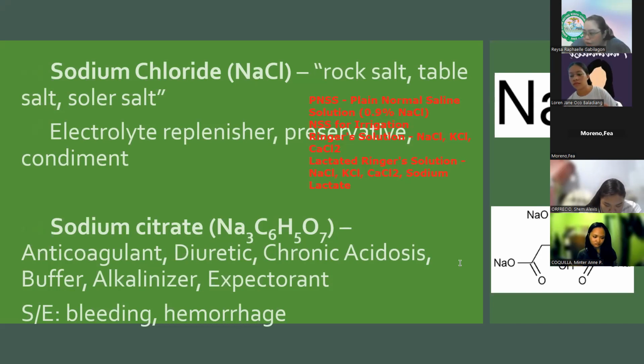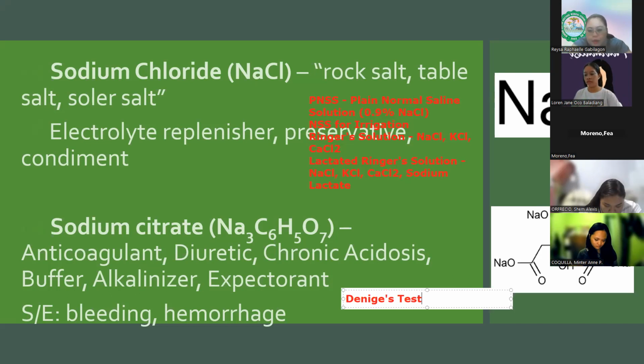And then, meron lang akong i-add, the test for citrate is called the Dinige test. If we want to know if a certain formulation contains citrate or wala. So, ang Dinige test, yung solution mismo, it contains pyridine and acetic anhydride.